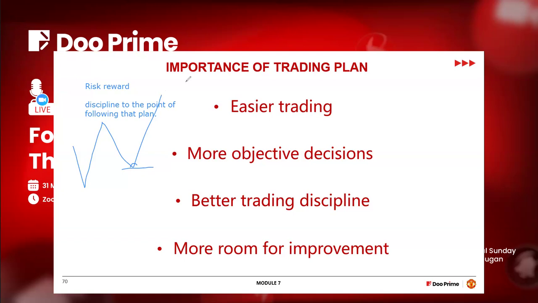Now, it does not give them that objective decision to make. They don't have that power over their decisions. But a trading plan reminds you of where you said your stop loss would be if you are wrong in the market. If you are wrong, okay, take me out at 20 pips and I'll be good.